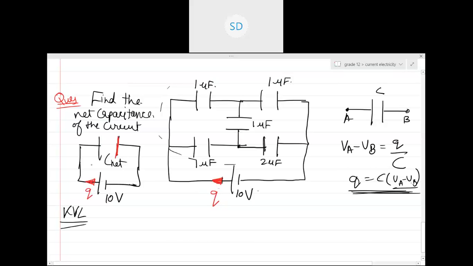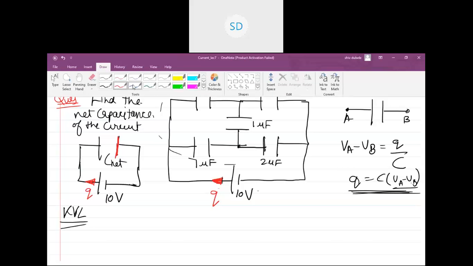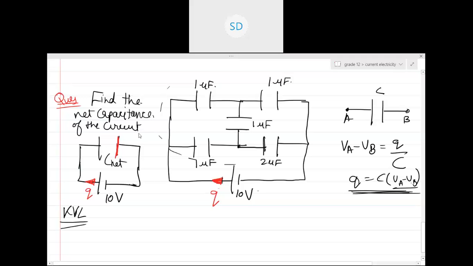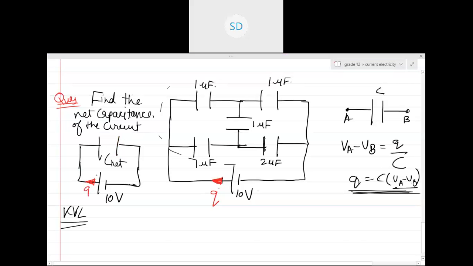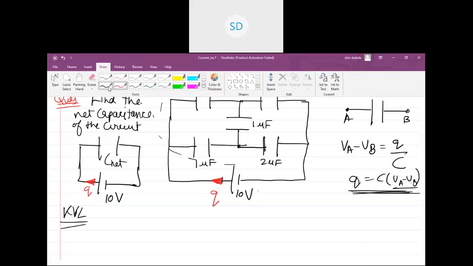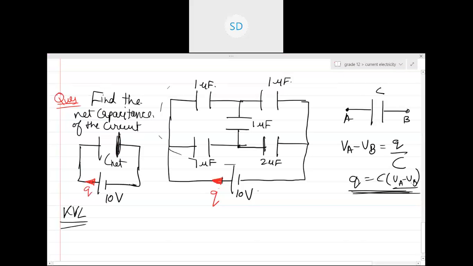So the same way in which you solved this thing, the same way in which you distributed the current, you will distribute the charge. So is it clear?